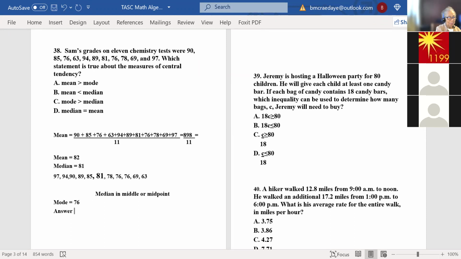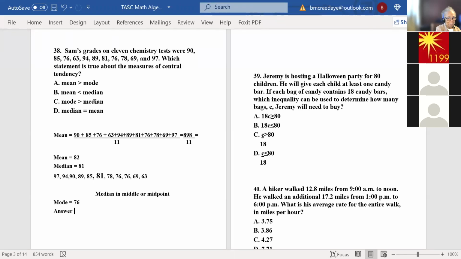The mode is greater than the mean and median. The mean is less than... The mode is greater than... A, B, C, or D?